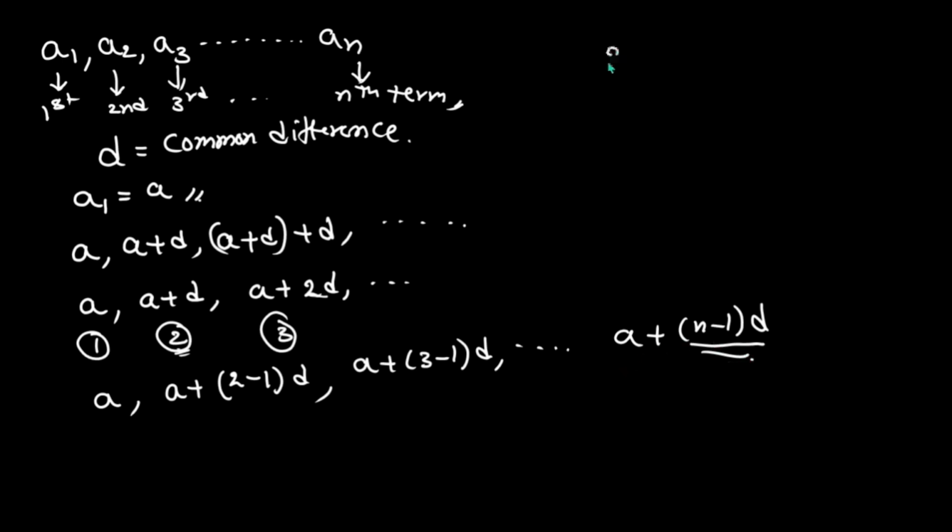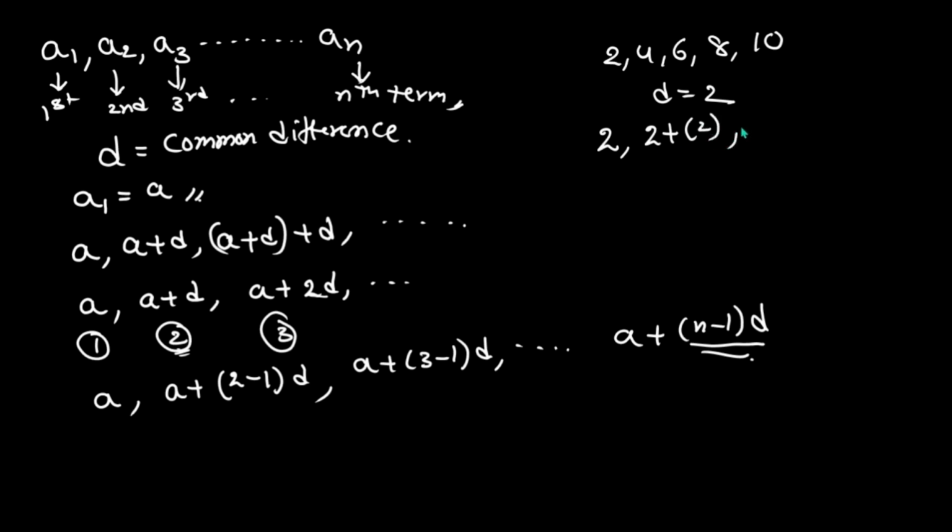I'm writing here 2, 4, 6, 8, 10. Okay. I just wrote the 5 numbers. So, here common difference is d is equal to 2. For the first term, we'll write as it is. The second term, you need to add one common difference to the first number, right? So that 2 plus one common difference is 2.